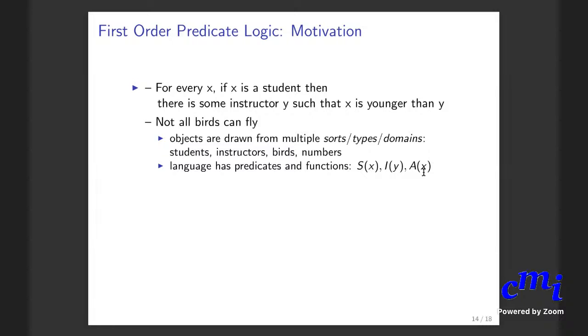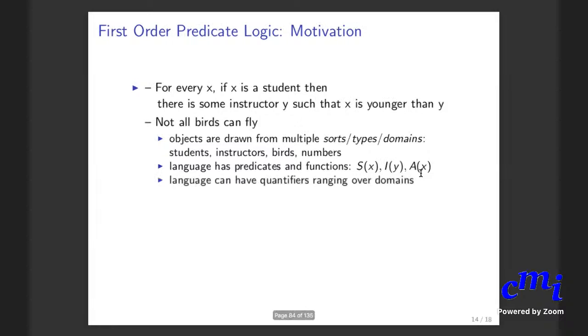You can also have age, A, since we want to compare the age of two elements. This is a function that maps an element from one domain to another domain. So your language needs predicates and functions, which were not allowed in propositional logic.